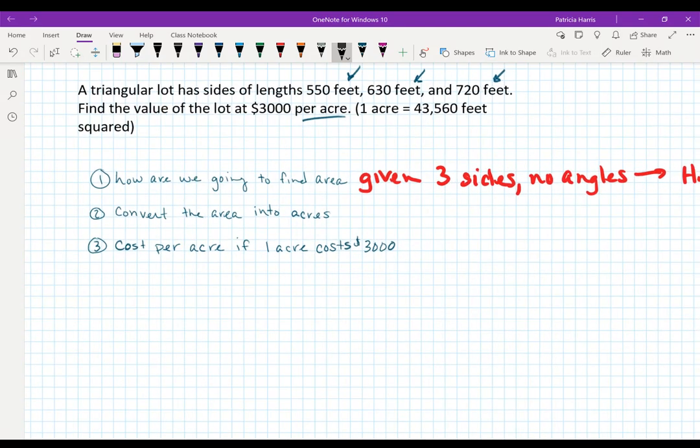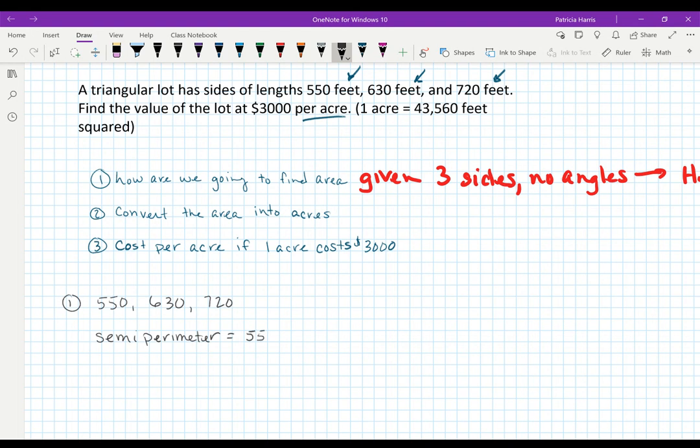So 550, 630, and 720. Let's write that down. First thing I need to do is find the semi-perimeter. Remember, the semi-perimeter is basically the perimeter divided by 2.